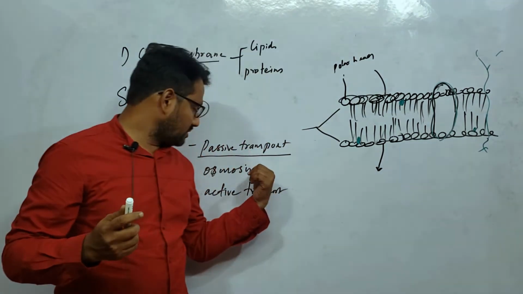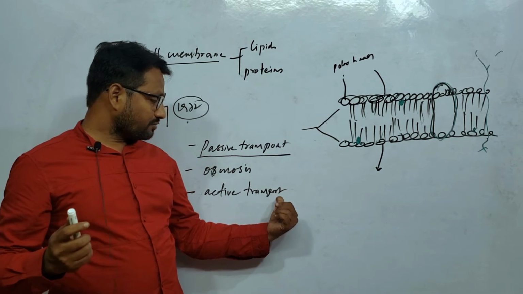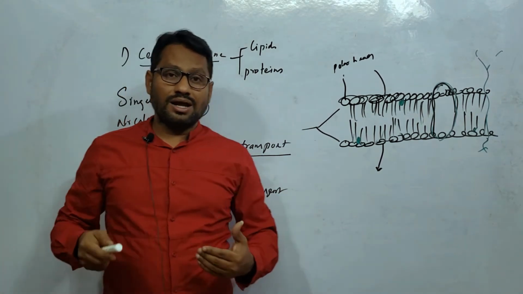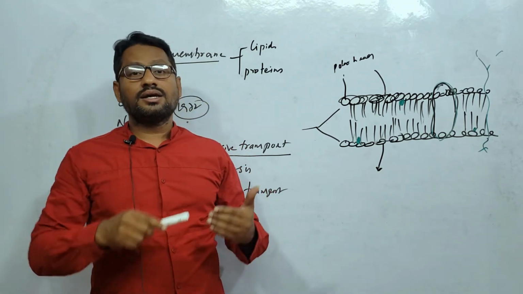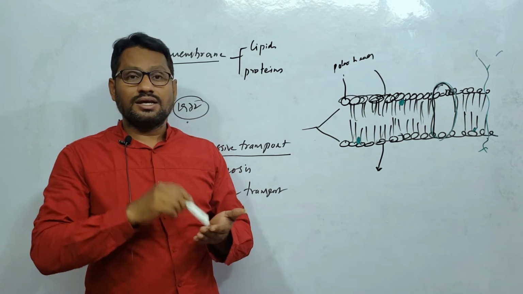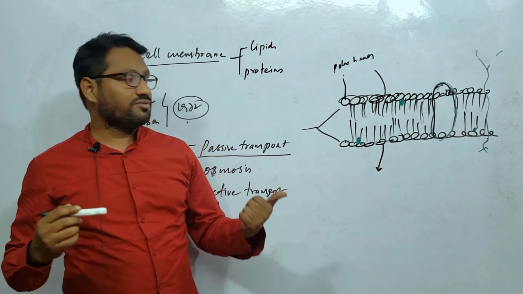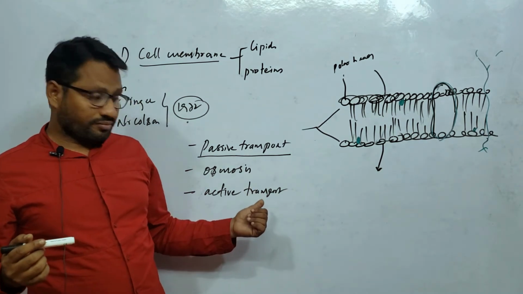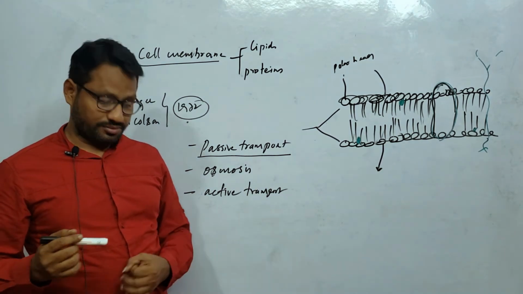And in active transport, the molecules move across the membrane against the concentration gradient, from lower concentration to higher concentration. Energy is consumed in the form of ATP. So, this is an ATP dependent reaction, which is called active transport.